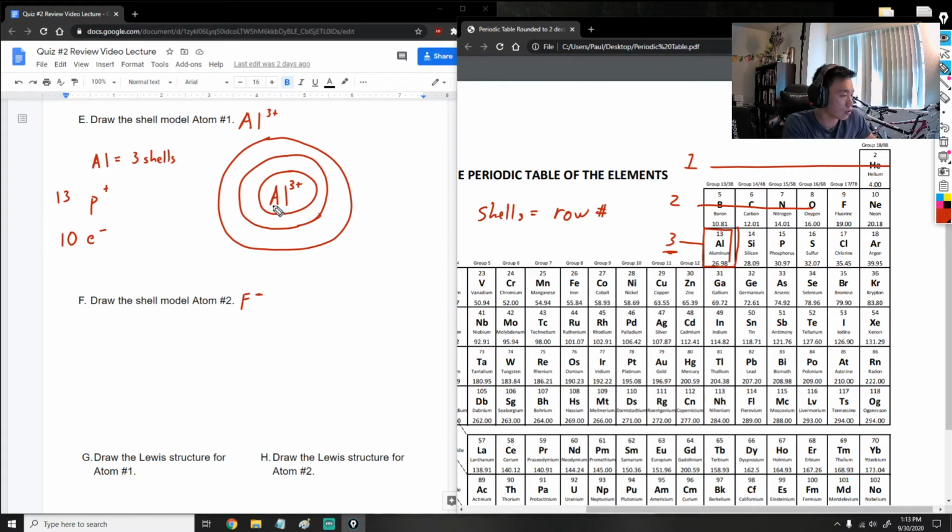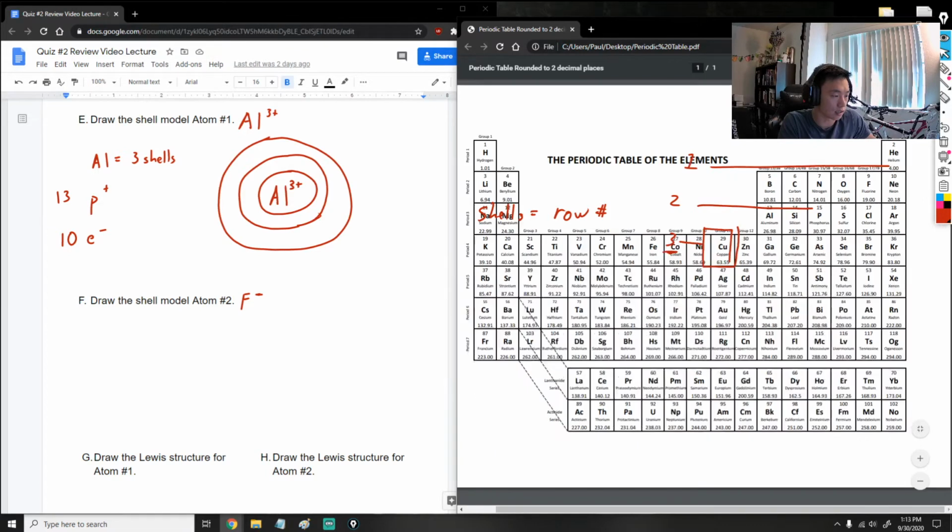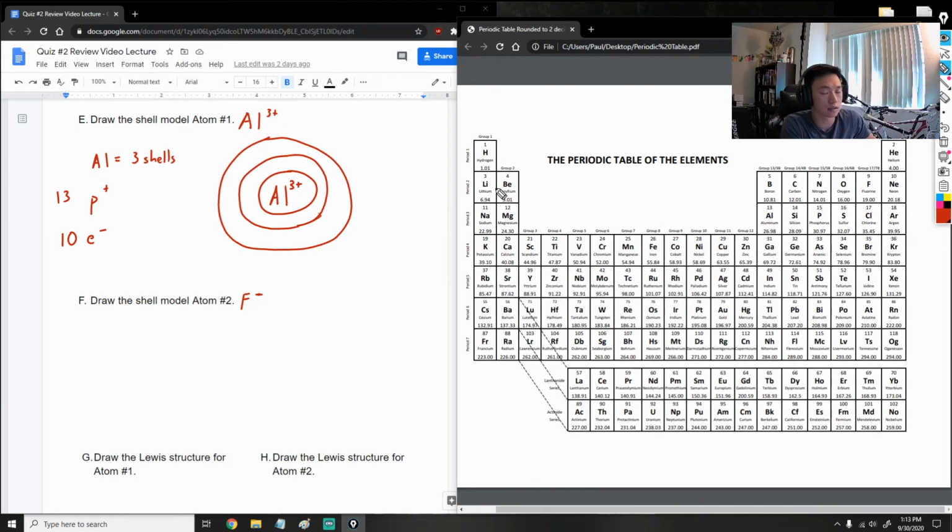Okay, and all we need to do now is fill in the shells, and we always want to start from the inside out. But before we do that, we need to keep in mind how many electrons, how many dots, we can draw in each shell. If you guys remember, the number of boxes in the row tells us how many electrons we can draw.